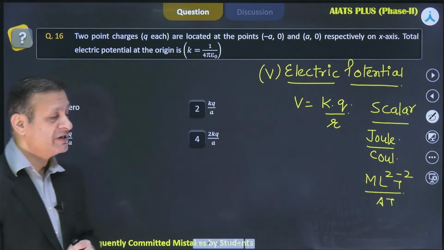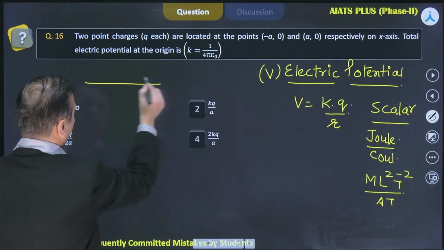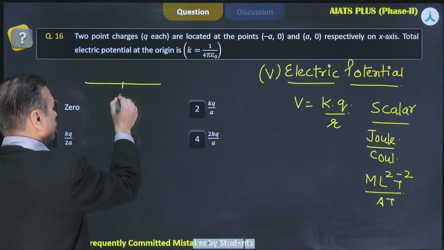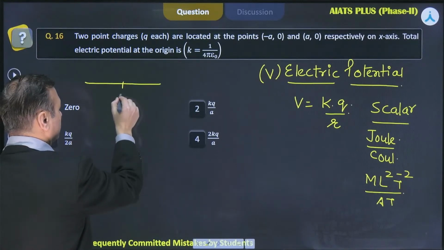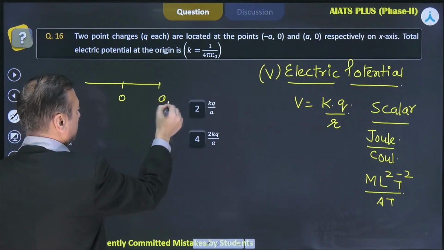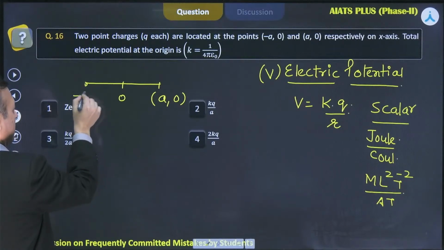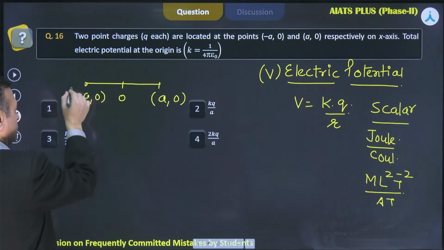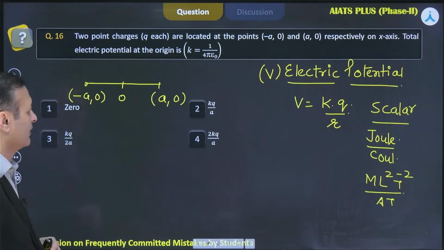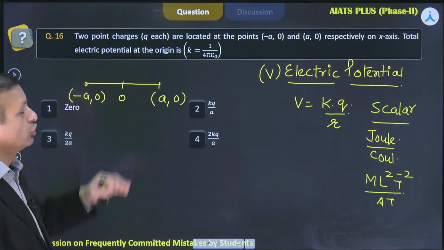Now let's come back to the same question. We have a configuration. So this is your origin. This is 1 point, a comma 0, and the second point is minus a comma 0. These are the coordinates of the 2 points where you have 2 point charges.